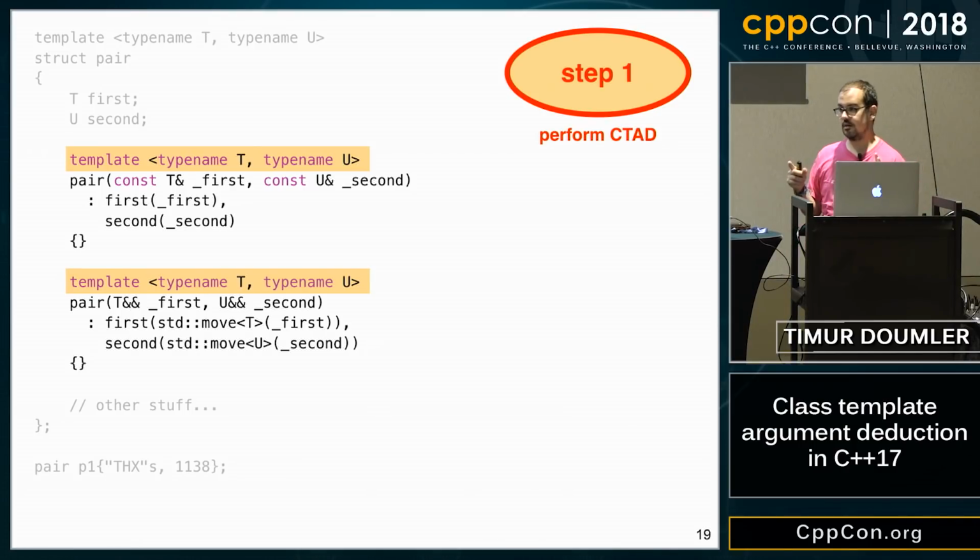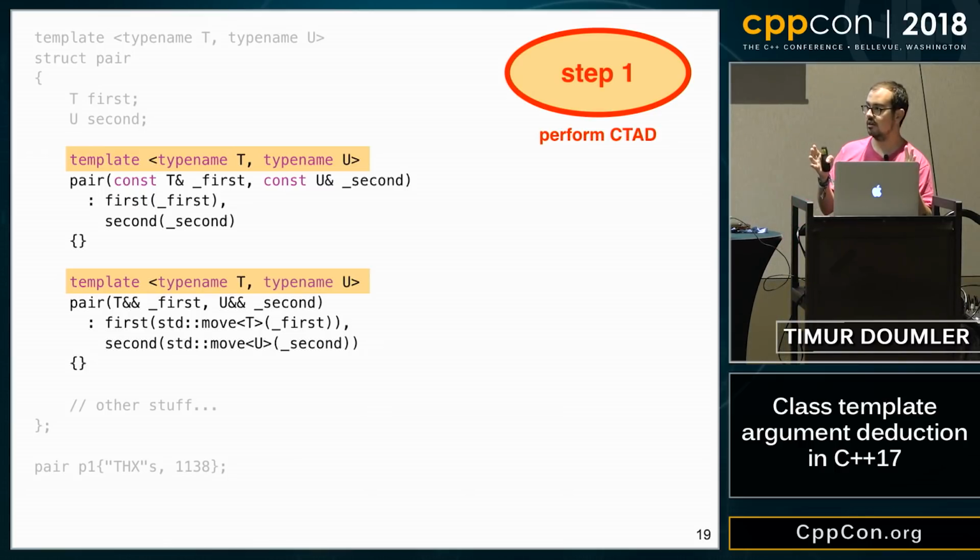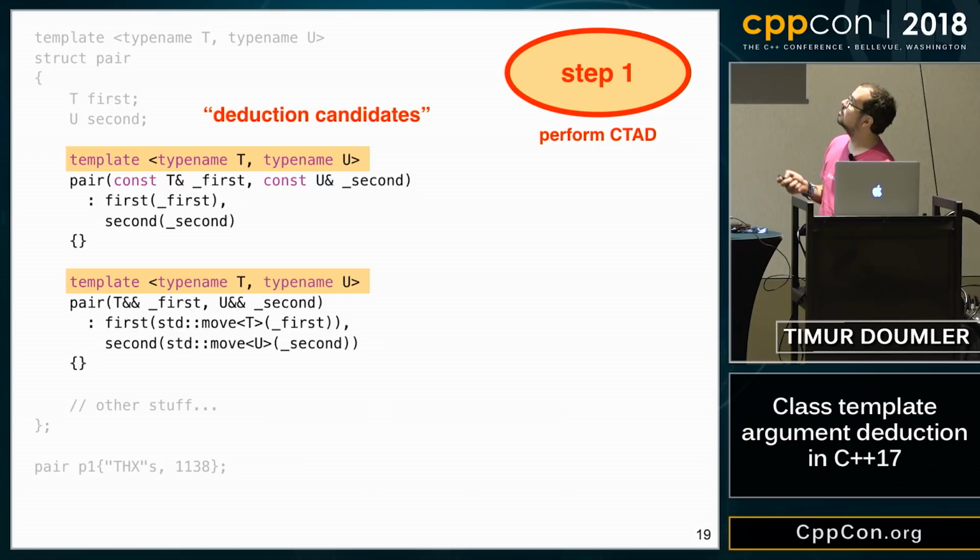So we're not using the constructors here, but we're generating on the fly these not really existing functions from the constructors by taking the template arguments of the class and the template arguments of the constructors, if they have any, putting them together and creating these, I don't want to say virtual functions because that means something else, synthesized functions. And those are called deduction candidates.